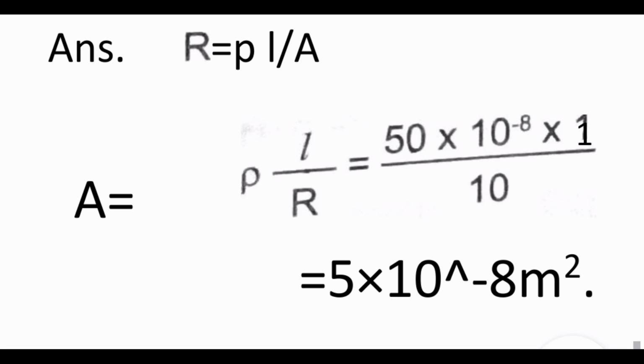Yes, we can cross multiply here, that is, R into A will be equal to rho into L. So A is equal to rho L by R, so we can substitute the values of rho, L and R. So that is equal to 50 into 10 raised to minus 8 into 1 by 10. So what is the value? Yes, that is equal to 5 into 10 raised to minus 8 meter square. That is the area of cross section of the wire.